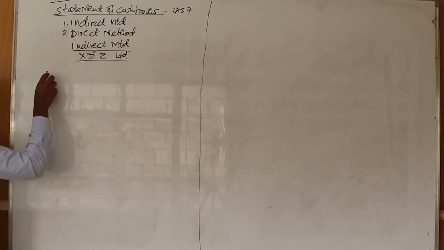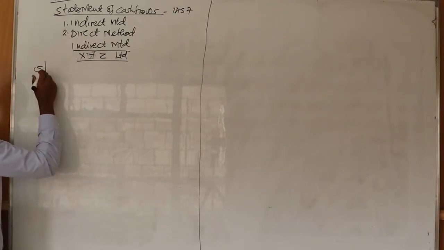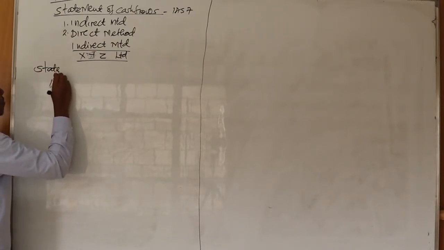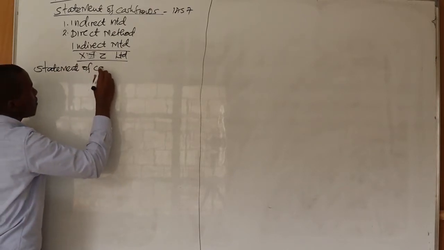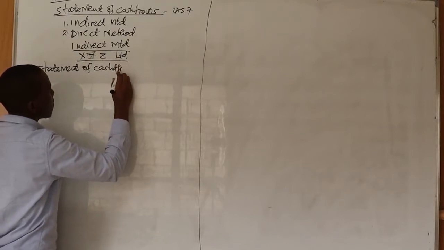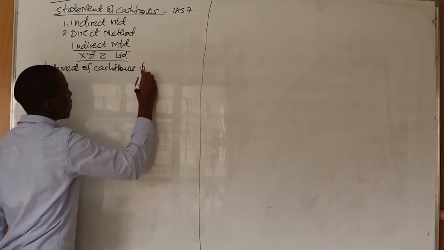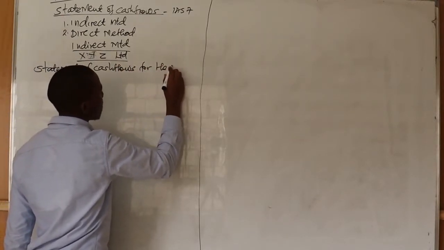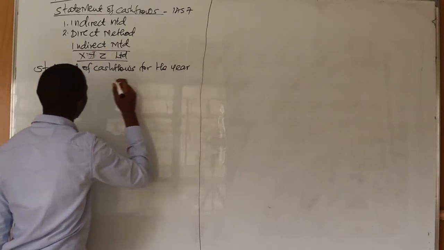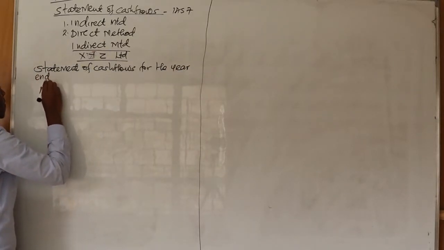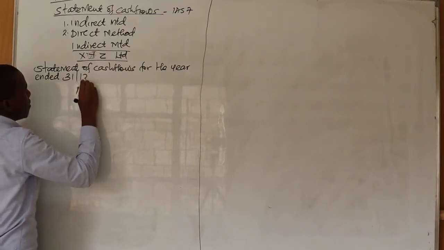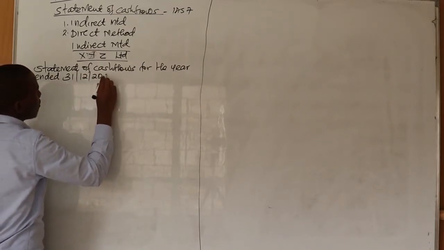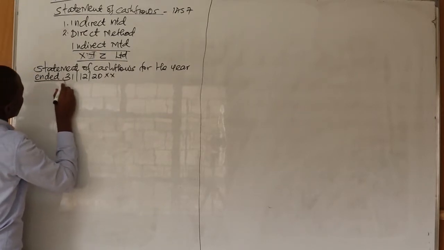So in this case, you will have the statement of cash flows for the year ended 31st December. We can talk of a given year there.